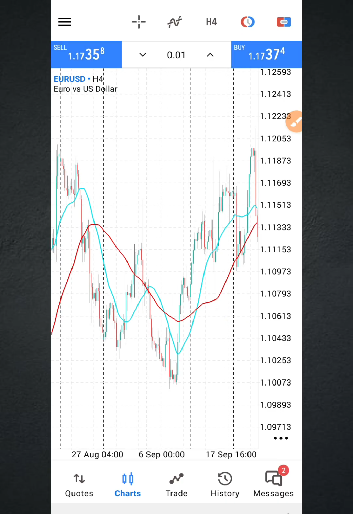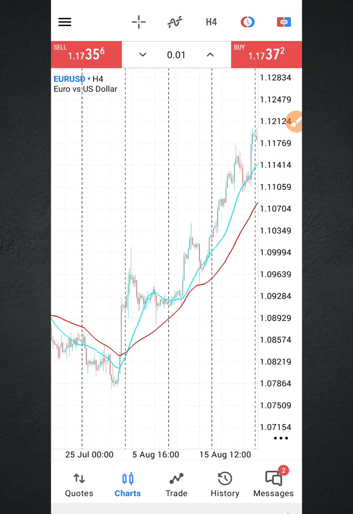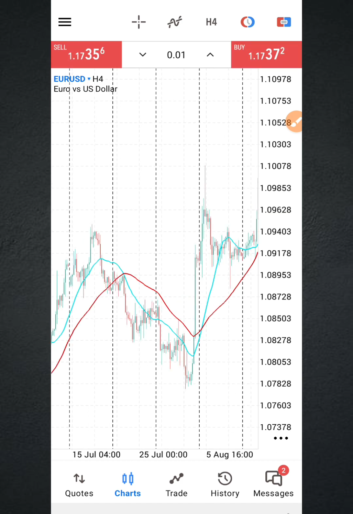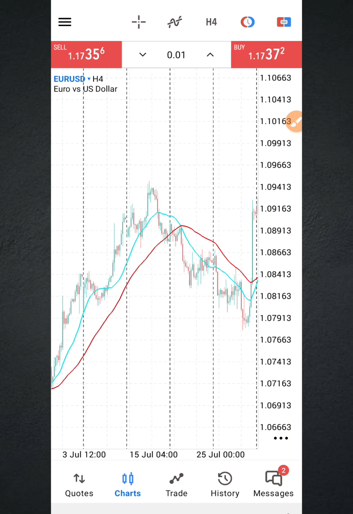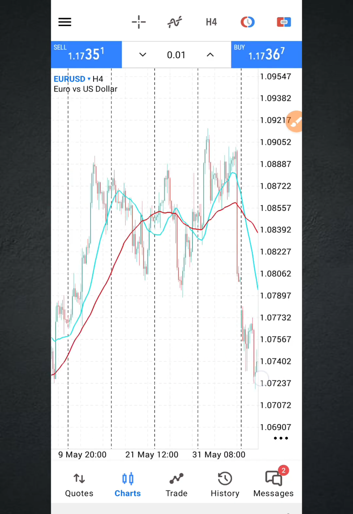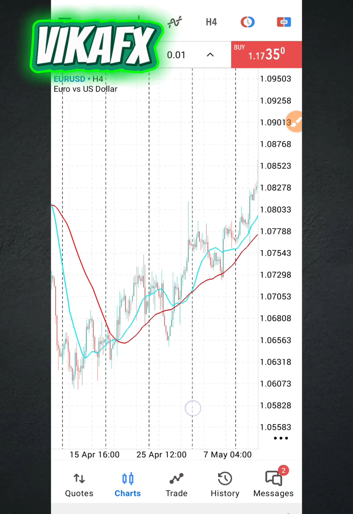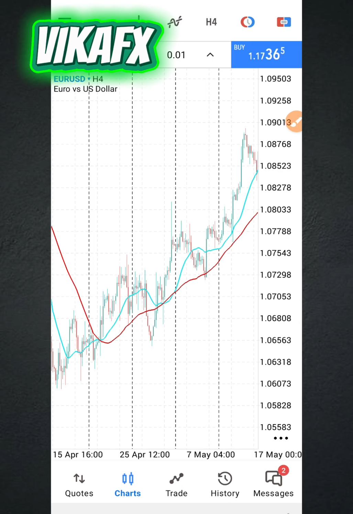The market is always ranging at the lower time frames, and that would make your results mostly negative. You need to go to higher time frames to be able to get an accurate signal using the moving averages. Don't trade on the lower time frames. Your results will always be poor.